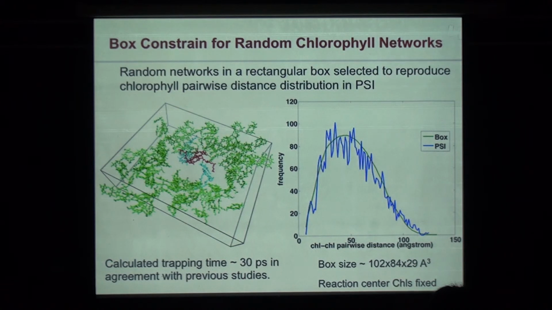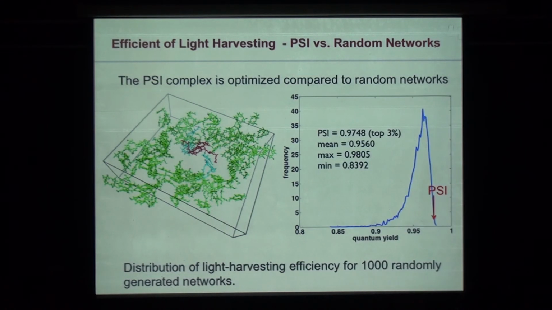So we believe this gives us a proper basis to compare, and then we calculated the trapping time using our method. The calculated trapping time in PS1 is around 30 picoseconds. That's similar to what's measured experimentally.